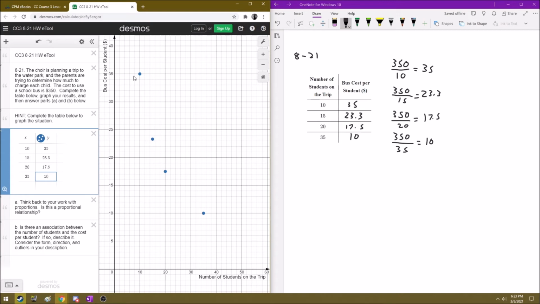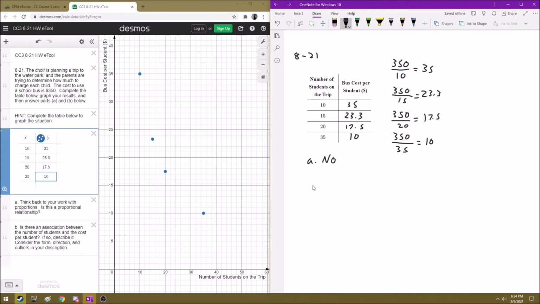The 2 requirements for a proportional relationship are that it makes a straight line, which it doesn't really look like, it looks like it curves, and that it passes through 0, 0, which it also doesn't really look like it's going to do. So this doesn't look like a proportional relationship. So the answer to A is going to be no.